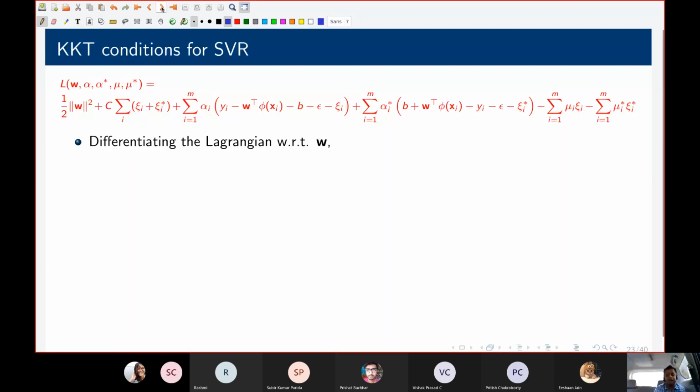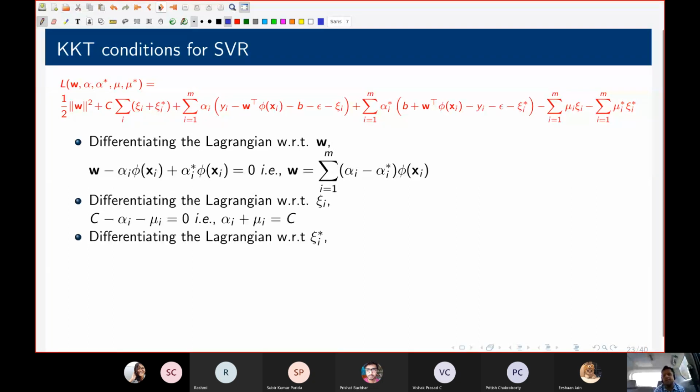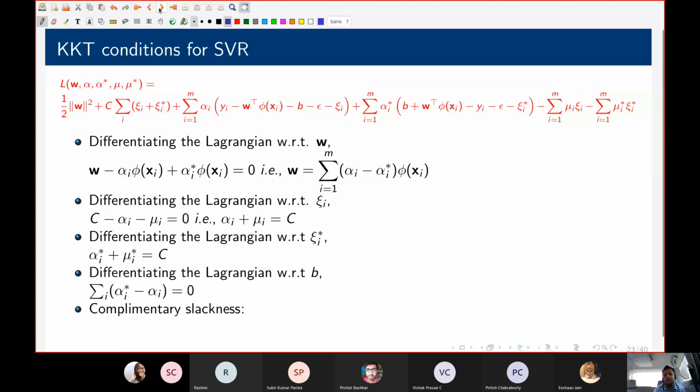So I derive all the KKT conditions, which you are very welcome to try and derive. And then you can also inspect the geometric intuition of these KKT conditions. What's the notion of support vectors?